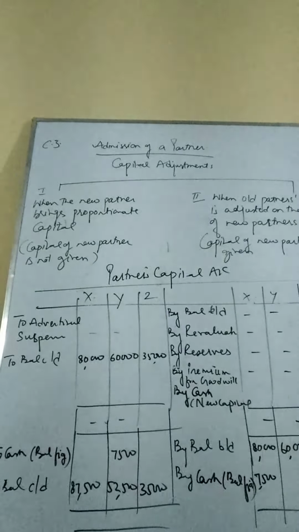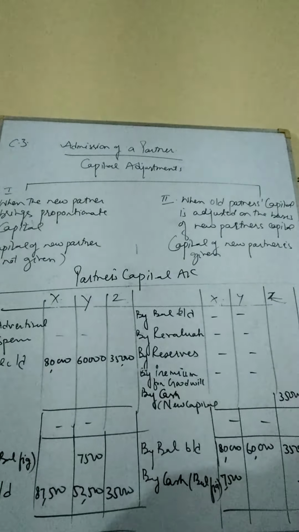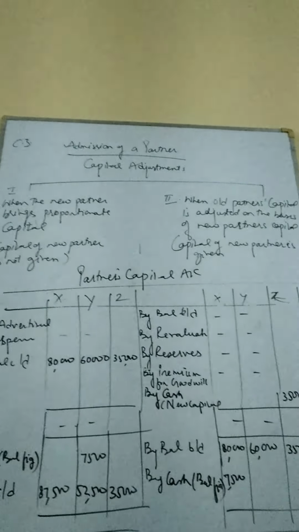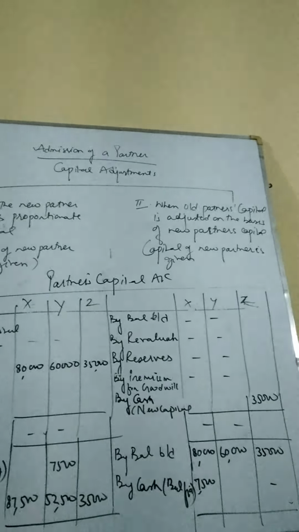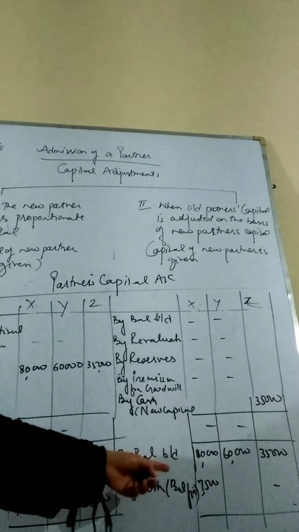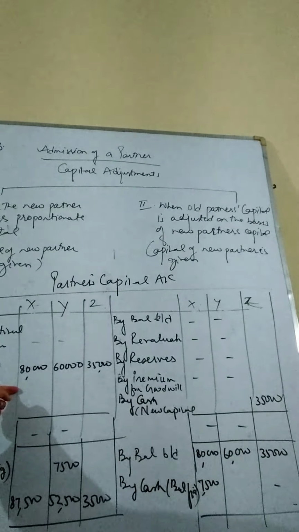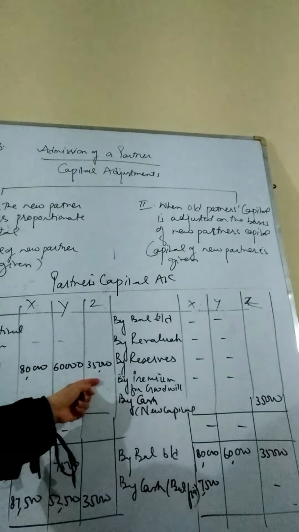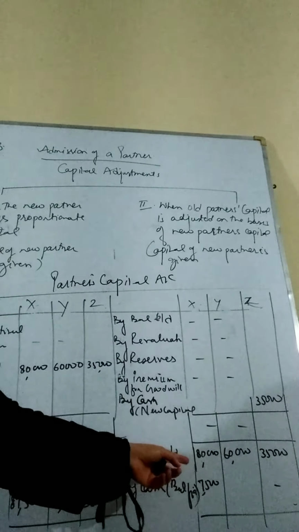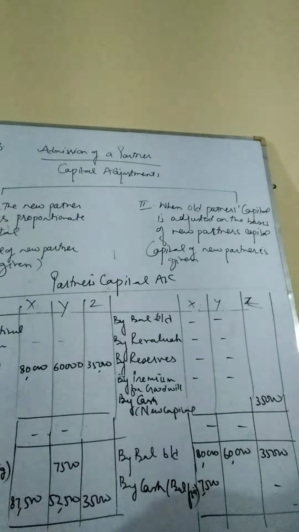Now again we have to do the balancing and find out what amount of cash has been brought in by the old partners or is to be paid off in order to make their capital as per the new ratio. So by balance brought down 80,000, 60,000, 35,000, just to do double balancing.